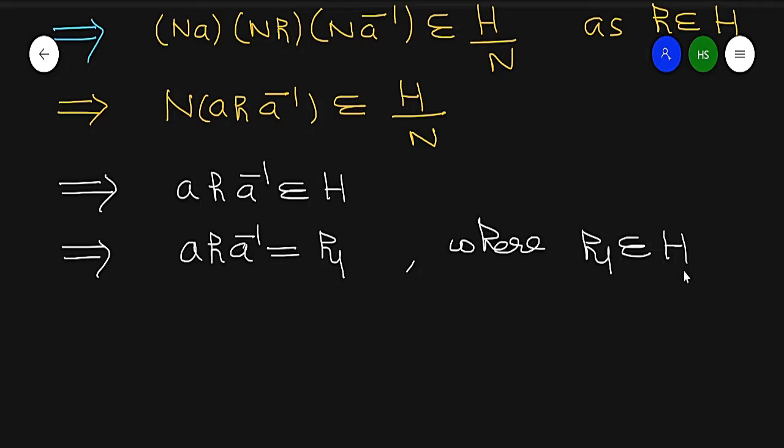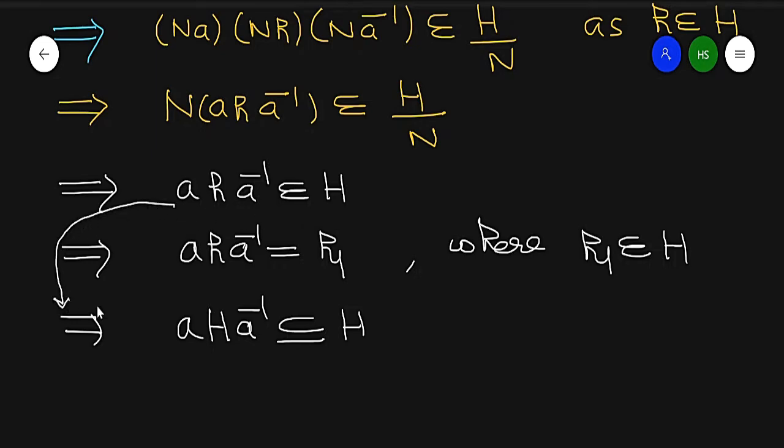So this value h1 belongs to H. Also, I can say that this set, A H A inverse, is a subset of capital H, because this element is equal to this, and this h1 belongs to capital H.